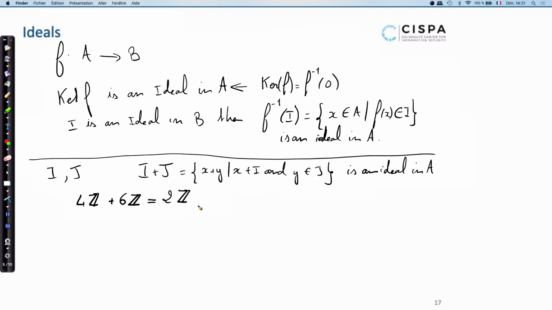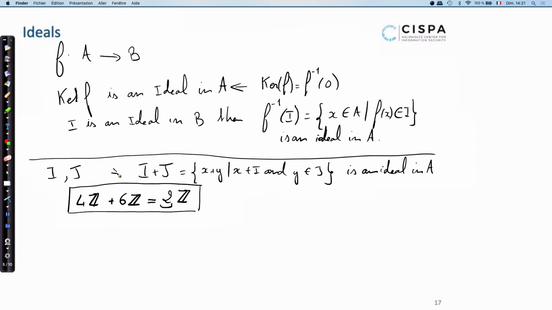And it turns out that this is a very general thing, and the number that occurs here is going to be the greatest common divisor of the two numbers, 4 and 6 in that case. So that's the sum of ideals.